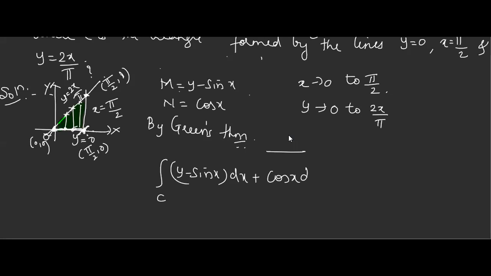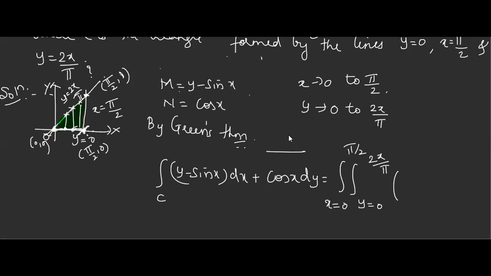plus cos x dy is equal to the double integration. Now, when you have a variable limit, what you have to do is, outside you should first write the constant. Constant is for x. And then inside you should write y varying from 0 to 2x upon pi. Don't interchange, otherwise you'll get the wrong answer. What is the first term I have to write in Green's theorem?